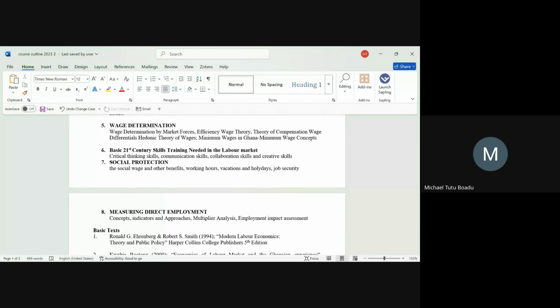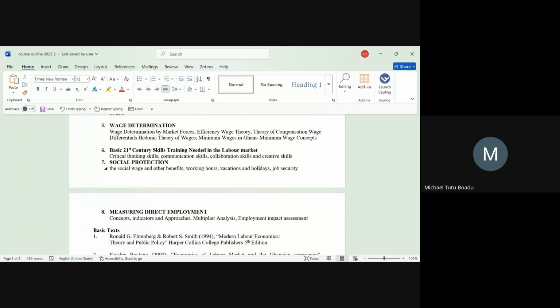And the seventh and the eighth topics, we'll look at social protection. The social wage and other benefits, working hours, vacations, holidays, and job securities. So those will be the aspects we'll look at regarding social protection.